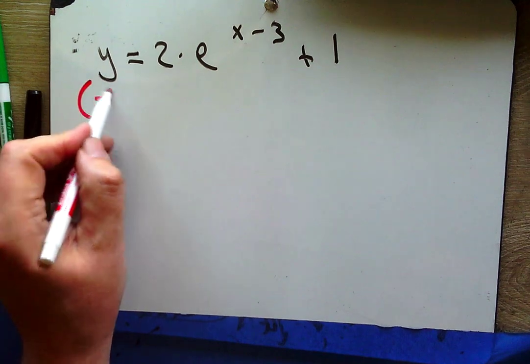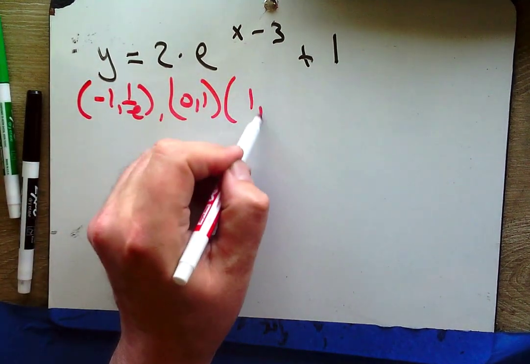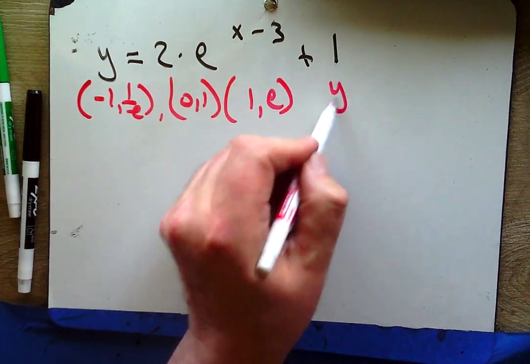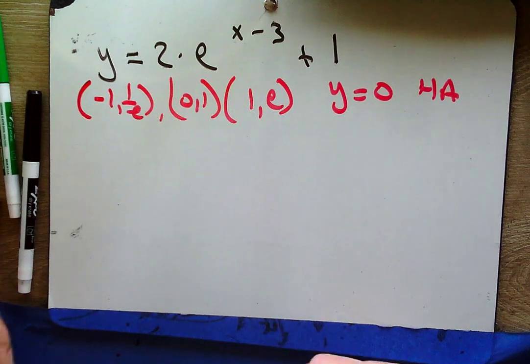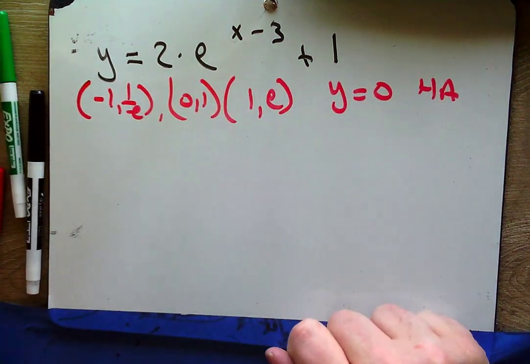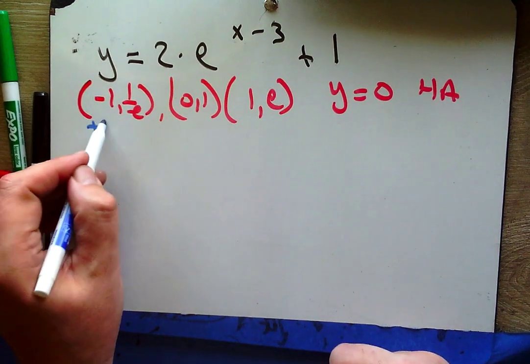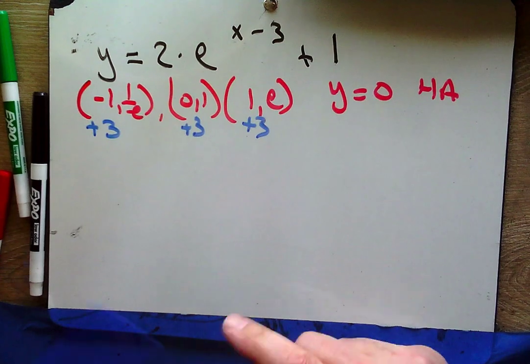So our reference points, negative 1, 1 over e, 0, 1, 1, e. Don't forget y equals 0 for the horizontal asymptote. I see 3 transformations here, 2 that affect y values, 1 that affects x's. So I'm going to add 3, because inside is opposite land, to all the x's.